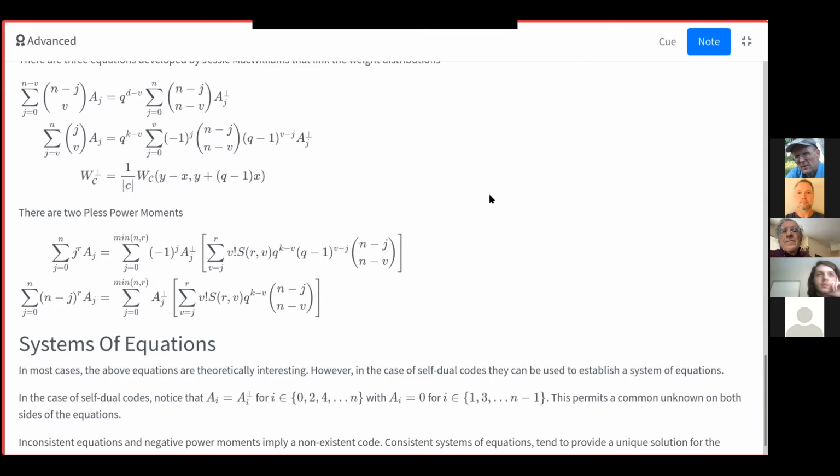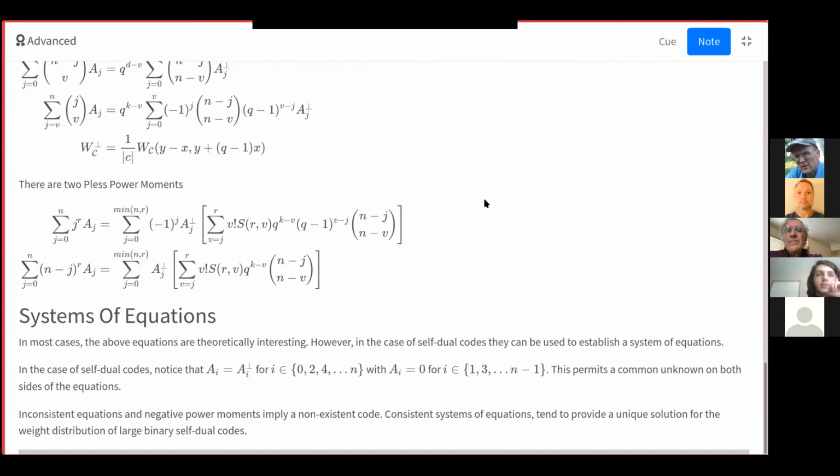In other words, you can keep doing them until they finally degenerate into where you don't get anything else. You'll see that sometimes you may end up with a negative value, and that wouldn't be possible. So you would end up saying this code doesn't exist, because at some point the Pless power moments give something that couldn't be possible when we only consider positive natural numbers for some of these things.